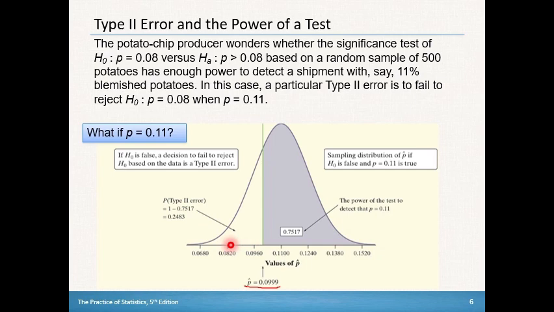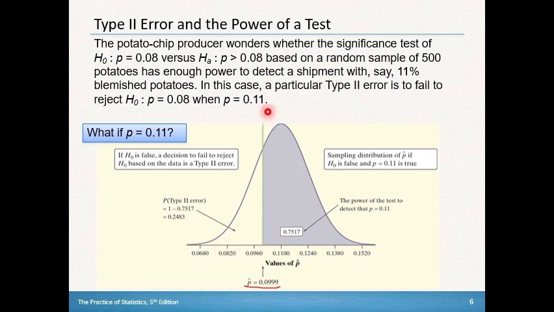Because we should be rejecting this truckload of potatoes. If the true proportion is 11%, that's certainly higher than 8%, and we want to reject it. But sometimes our sample will be out here on the left, and we will fail to reject it. That's a type 2 error.